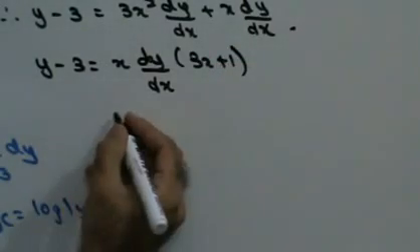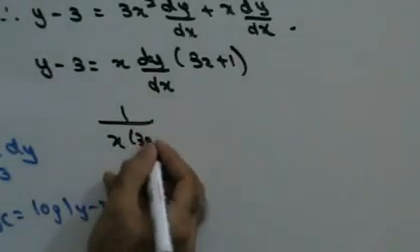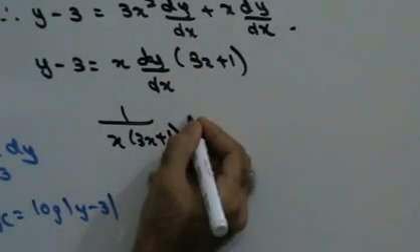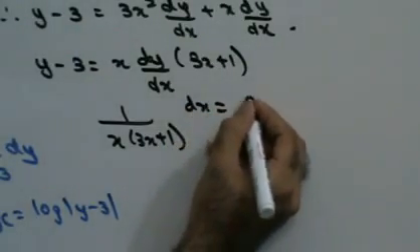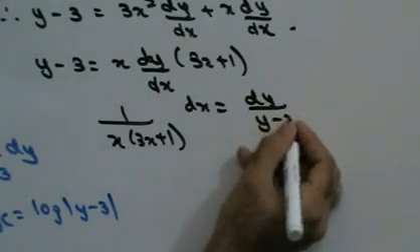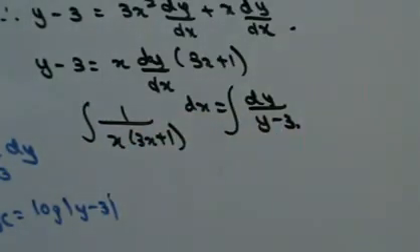Now you can say that 1 upon x(3x plus 1) dx is nothing but dy upon y minus 3, integrate. I think we've done something very similar to this, x(3x plus 1), y minus 3, right? The only difference is here the sum was given to you in a different manner. It's exactly like the fifth sum now.